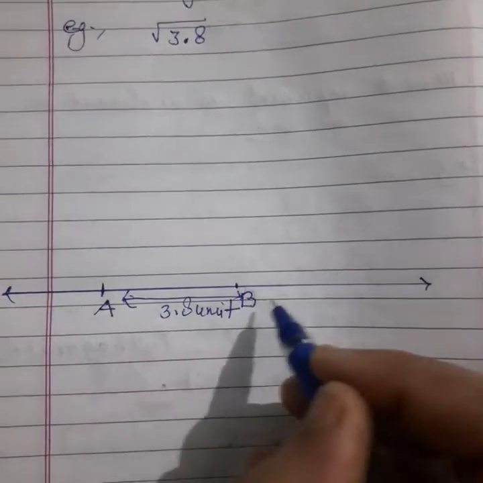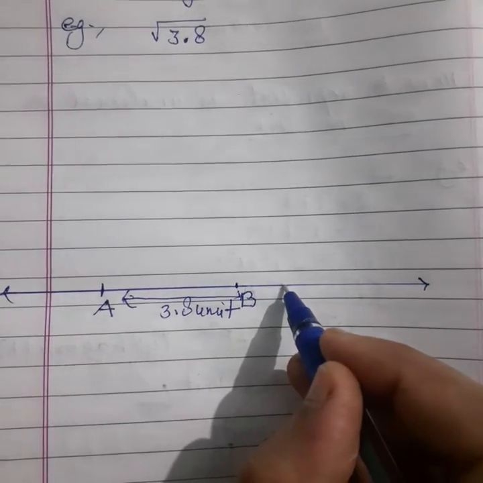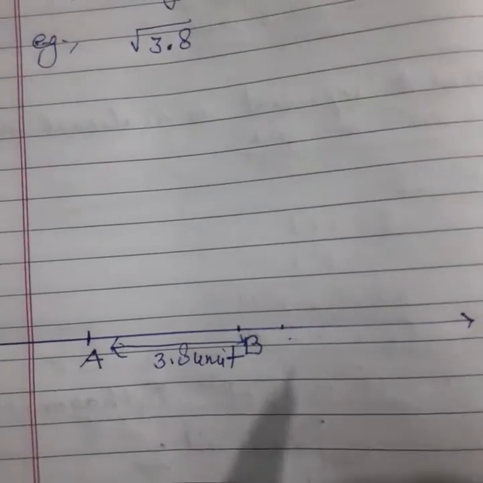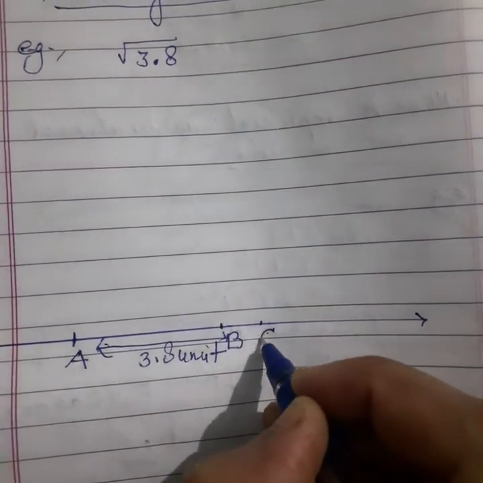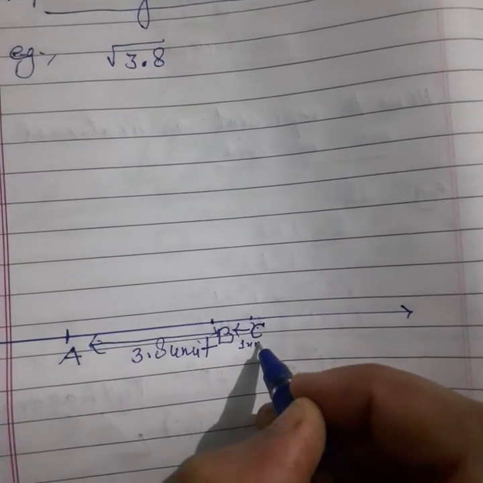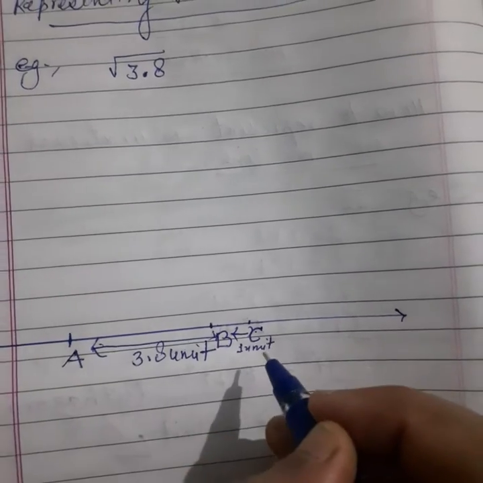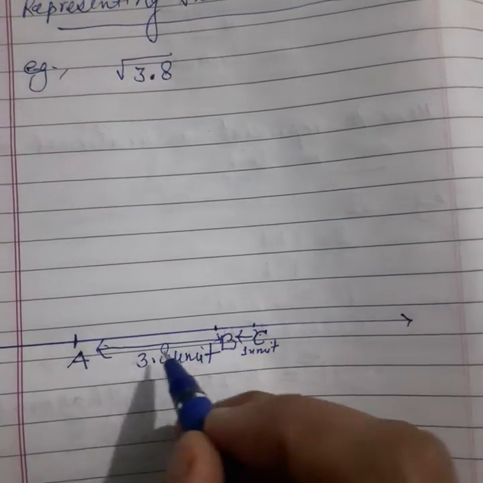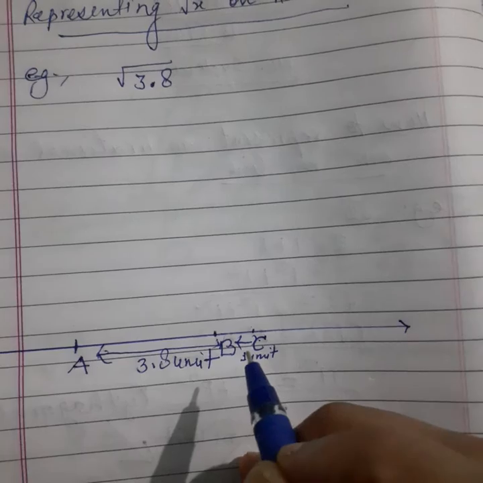Now again you will add 1 centimeter as BC. This is your 1 unit. Here the unit I have taken is centimeter, so this will be 1 centimeter and this will be 3.8 centimeter.